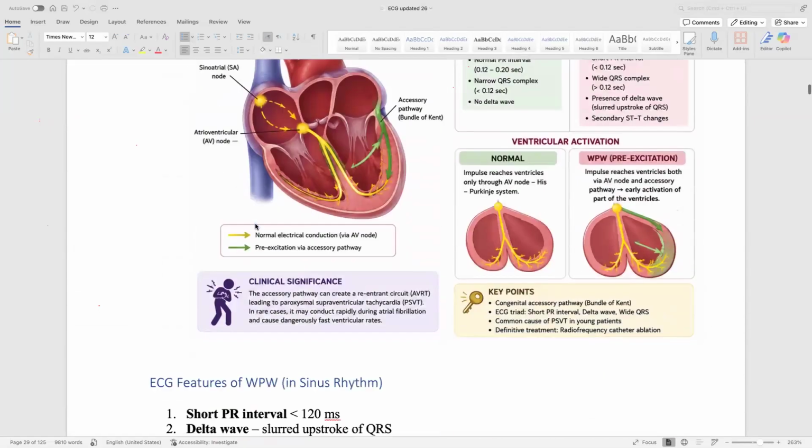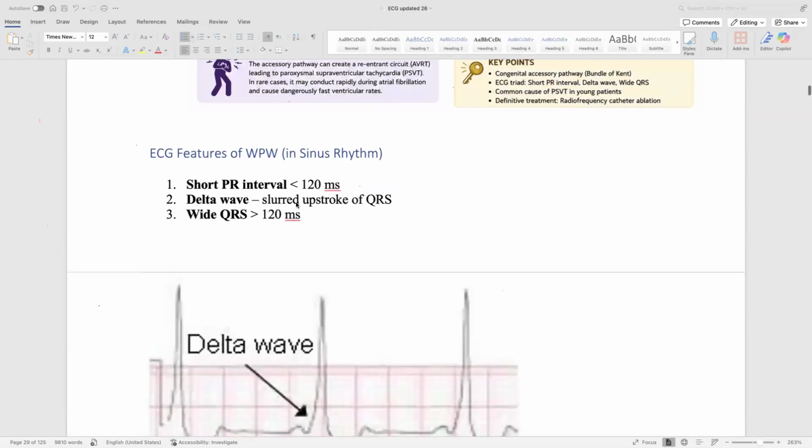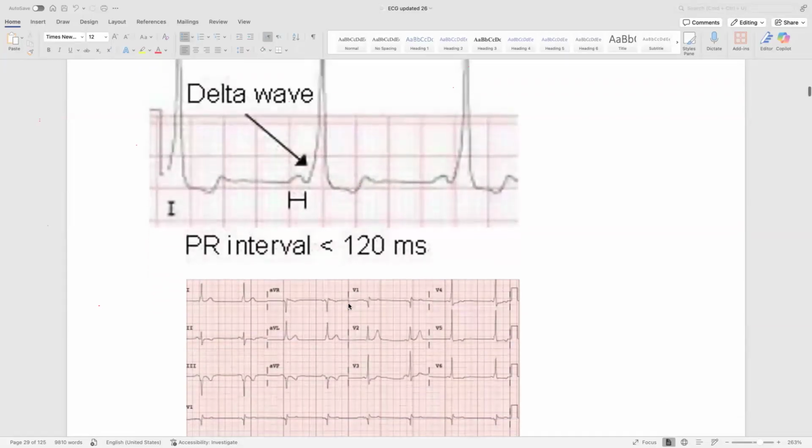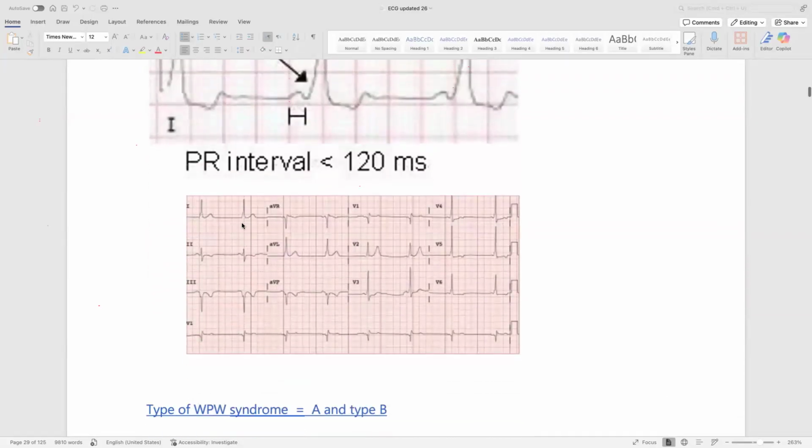All right. Features: short PR, delta wave, QRS complex will be a little bit broad. This is a delta wave, short PR and delta wave. This is if the rate is not very fast; otherwise, you will not see it. Here again, in V2, in lead 2, very short PR interval.